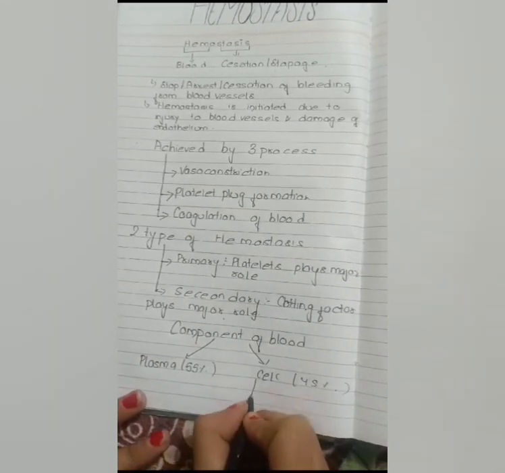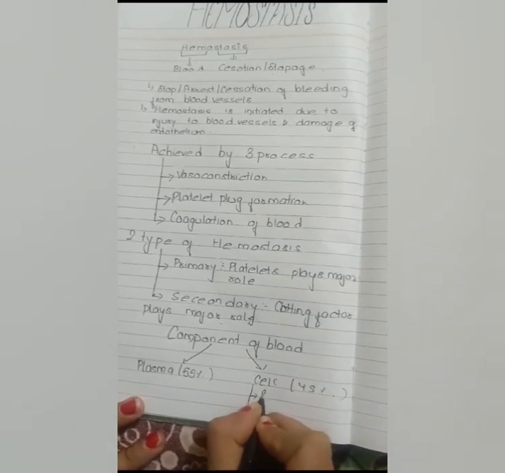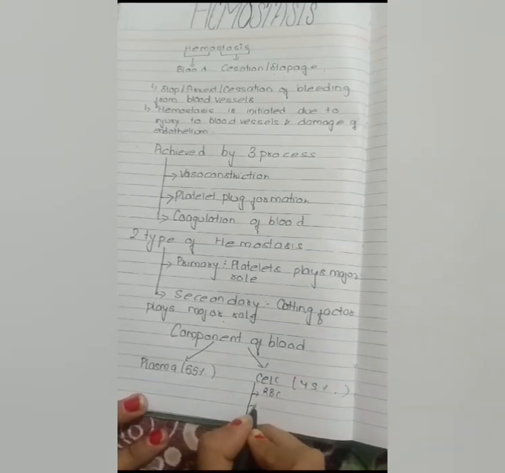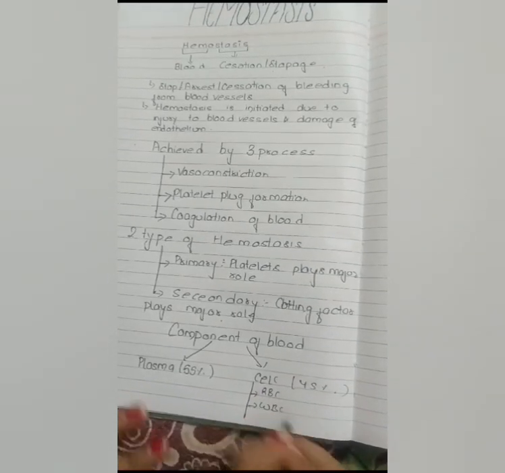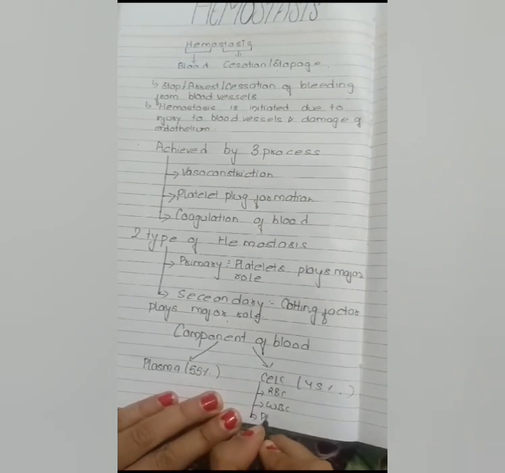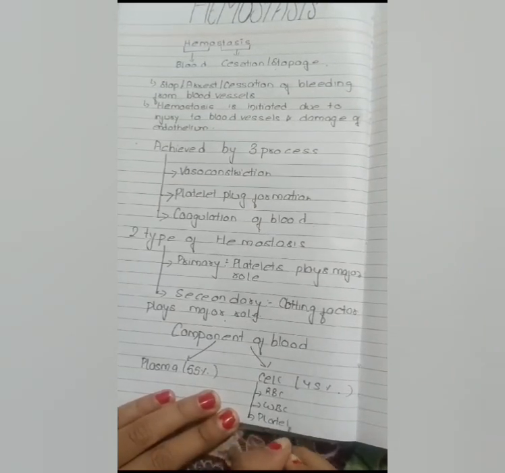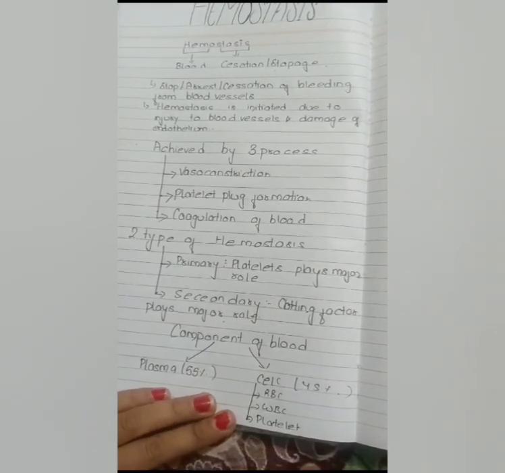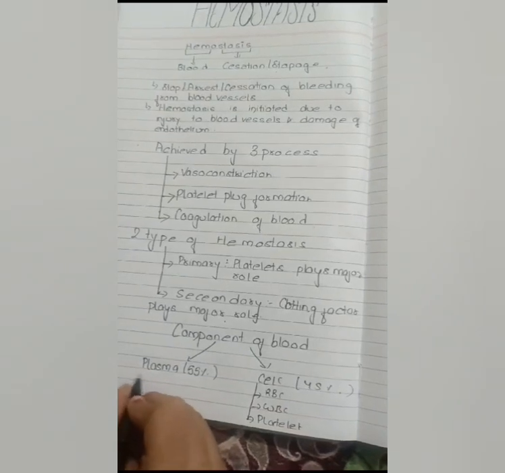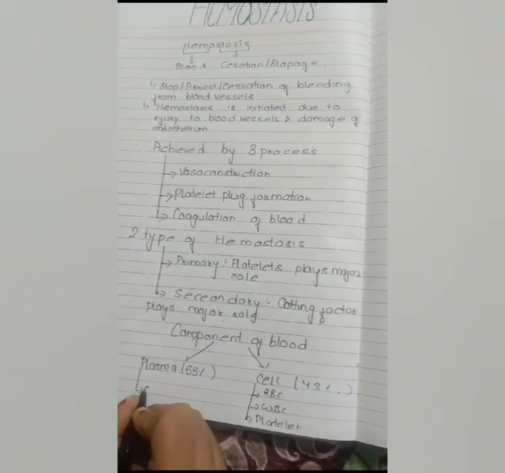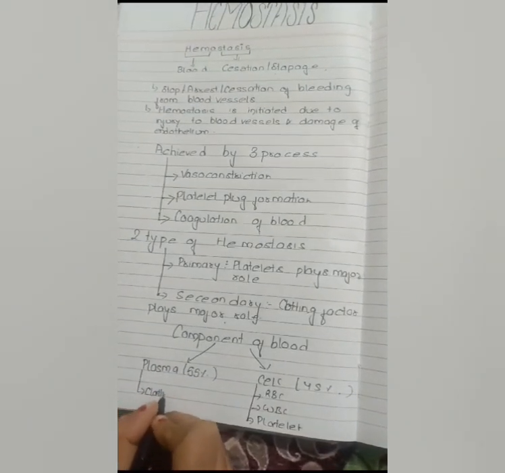RBC, WBC and platelets are present in the cells, whereas clotting factors are present in plasma.